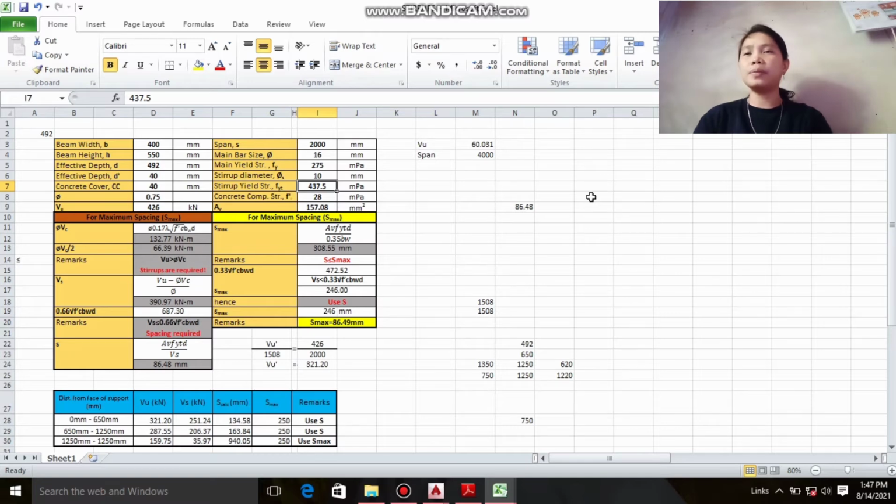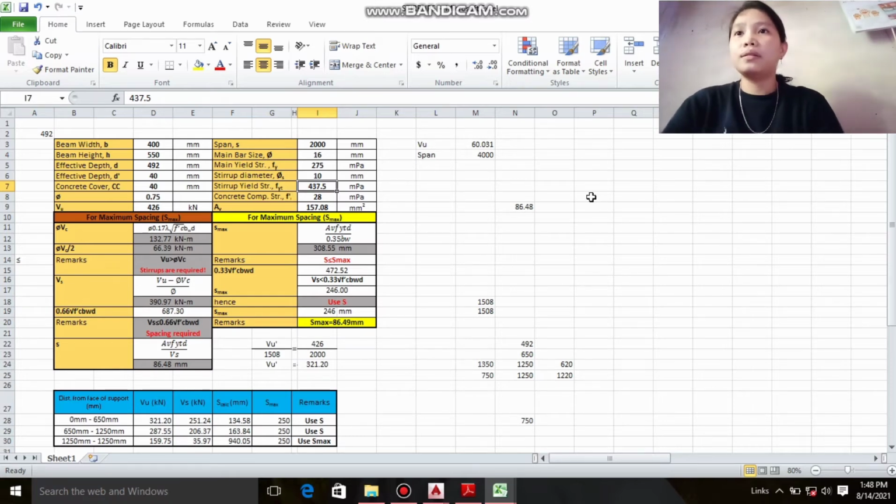The diameter of the bars is 0.75. The span 1000 mm. The main bar size 16 mm. The main yield strength is 275 MPa. The stirrup diameter is 10, and the stirrup yield strength is 437.5 MPa.